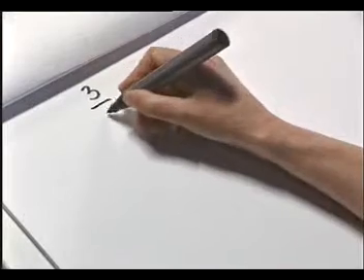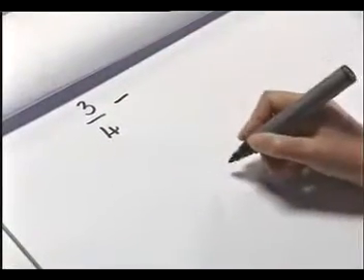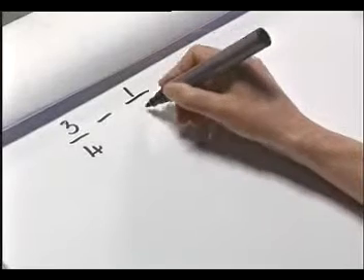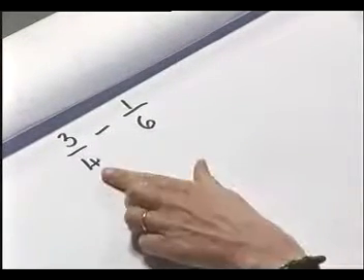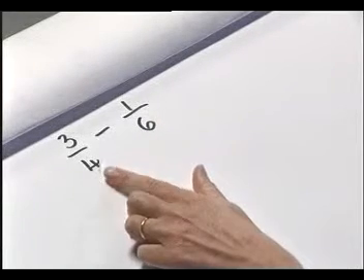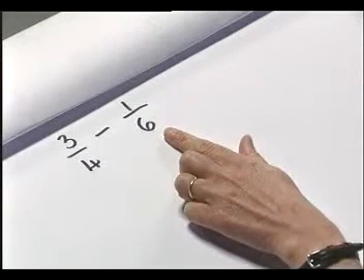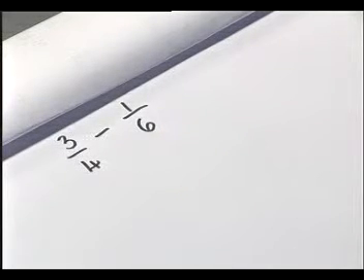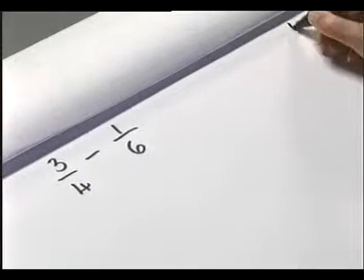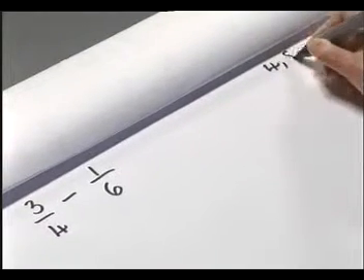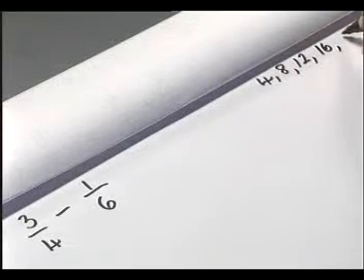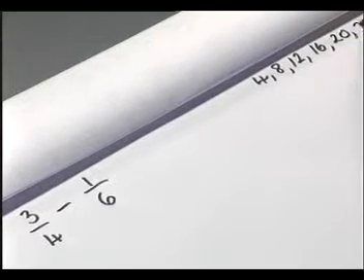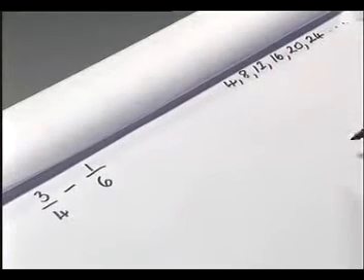Let's have a look at subtraction. This time let's have 3/4 take away 1/6. So again, we're looking for numbers that both 4 and 6 fit into. Let's have a look at our 4s: 4, 8, 12, 16, 20, 24, and so on.